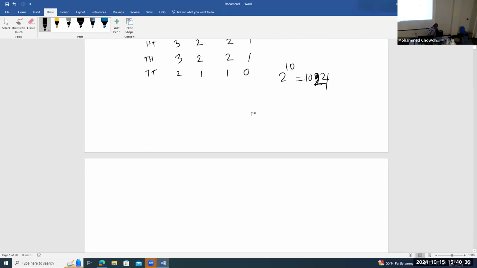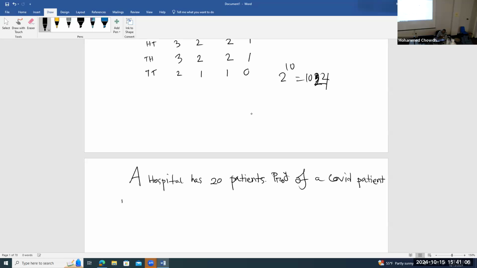Now let us solve a problem, then we are done with the binomial distribution. A hospital has 20 patients. The probability of a COVID patient is 0.24.